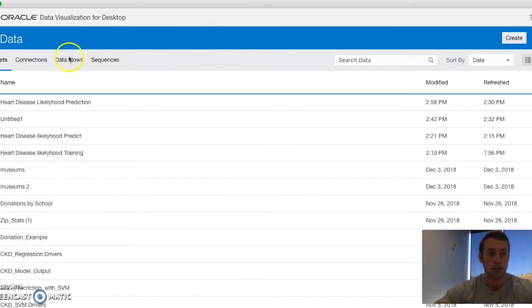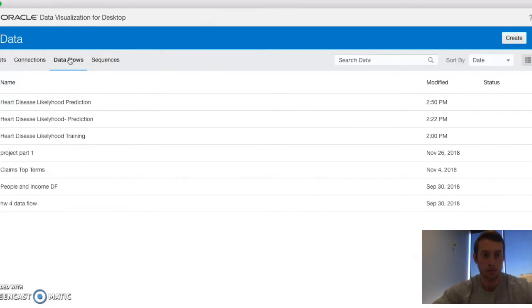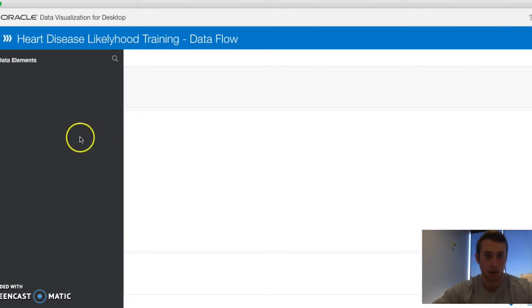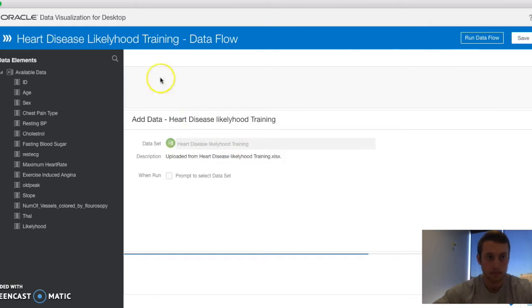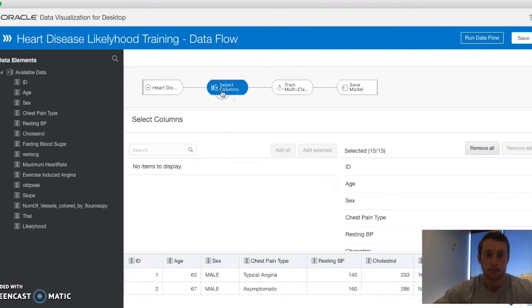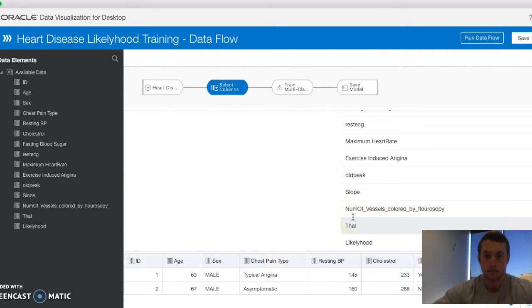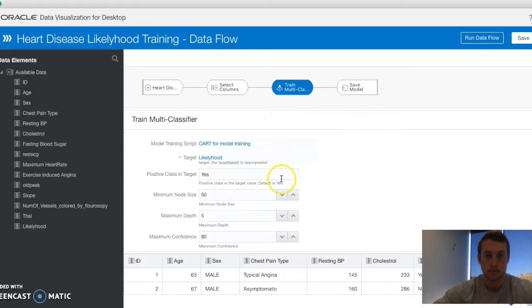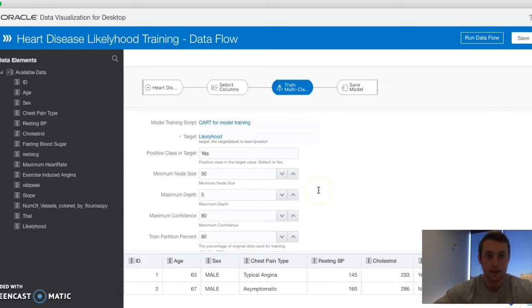Then we created two data flows with this. First is the training, as you can see here. And then for the target, we set it for likelihood in the cart for model training.